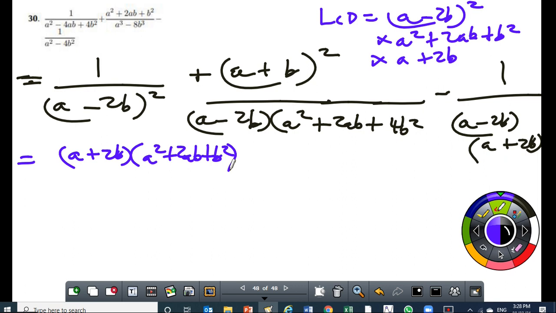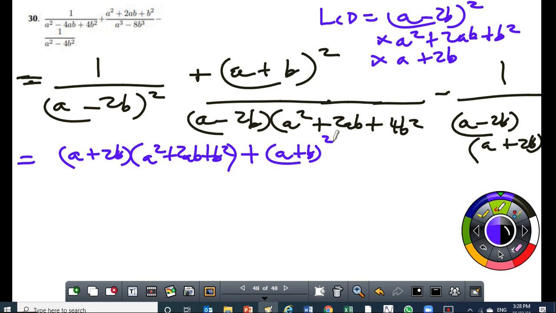The second one, I've got a minus 2b, but here there are two of them, which means I still have to multiply this denominator here by a minus 2b. So I'll multiply the numerator by a minus 2b. Are you following that? So this becomes plus a plus b all squared. Also, you need to be aware that we don't have a plus 2b here.